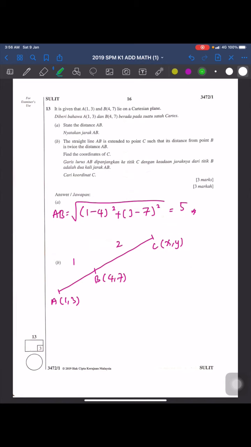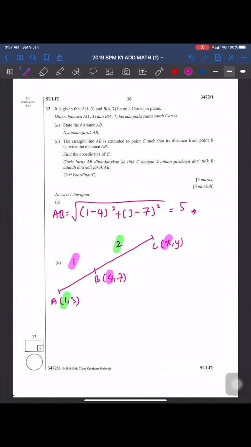So apa yang kita boleh buat? Kita mulakan X dulu. Komponen X, X darab dengan yang seberang dia tu. Lepas tu X sini darab dengan sini, sama dengan X sini 4.